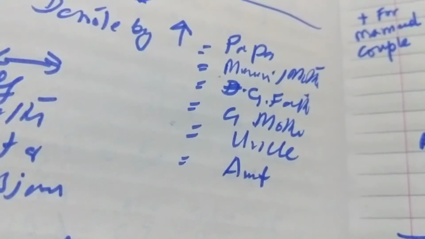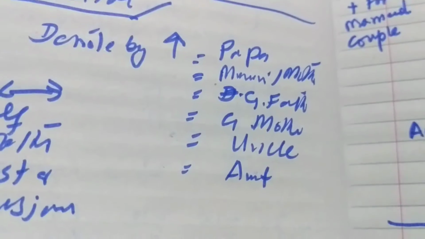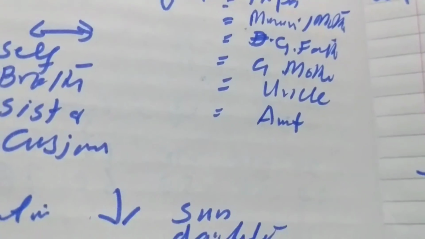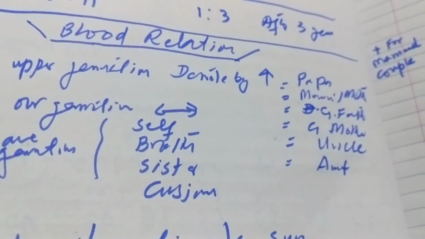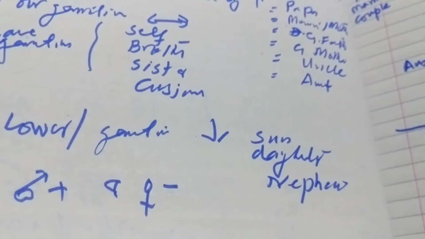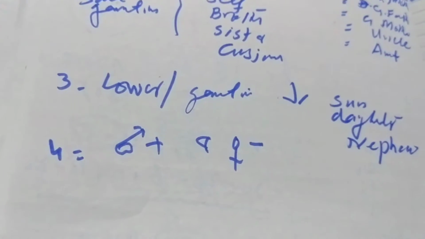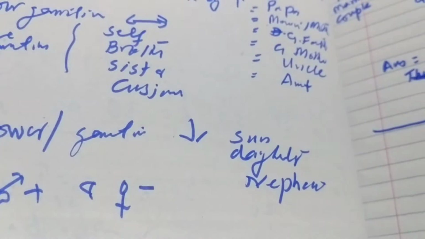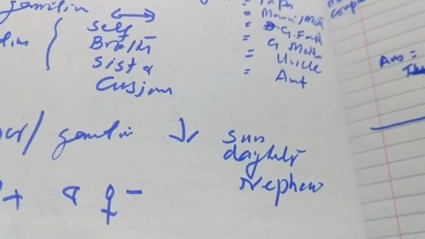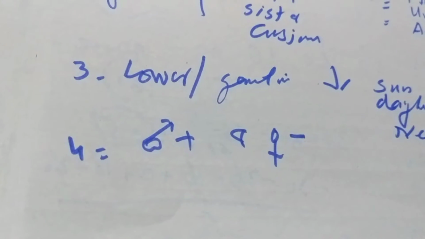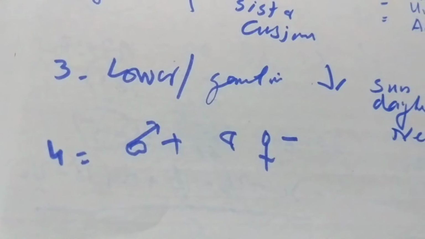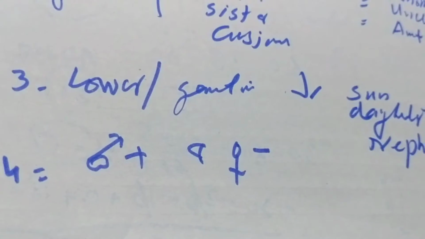Upper generation includes father, mother, grandfather, grandmother, uncle, aunt, etc. Lower generation is denoted by a downward arrow, and the lower generation includes son, daughter, nephew, etc. Male by this sign with positive, whereas female by negative sign.